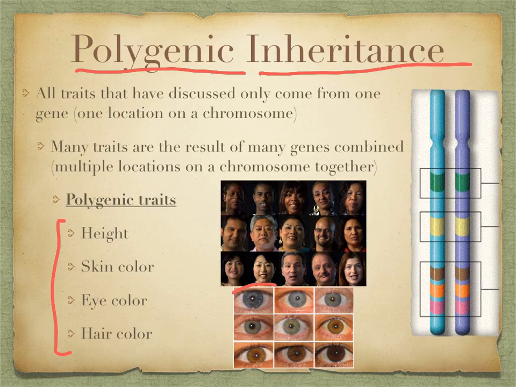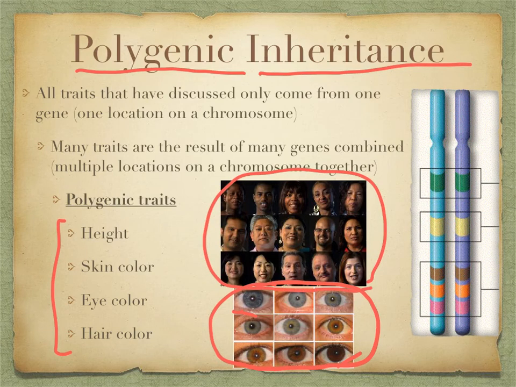Look at all these different eye colors, going from very light to very dark, light blue all the way up to dark brown. Skin color, same way, very light all the way to very dark, and everything in between. Height, same way. Hair color, same way. These are polygenic traits because they have many genes that contribute to the expression of that trait.